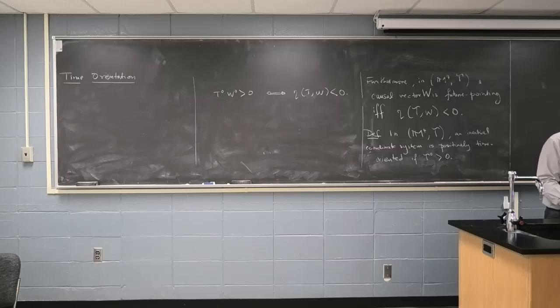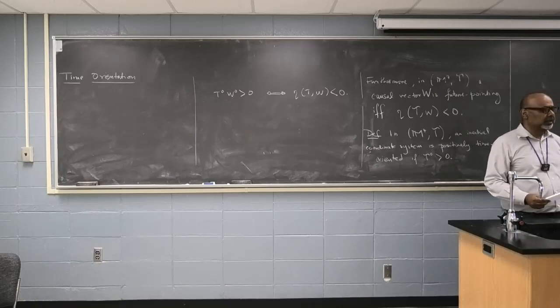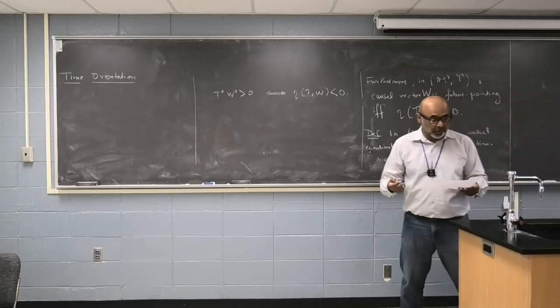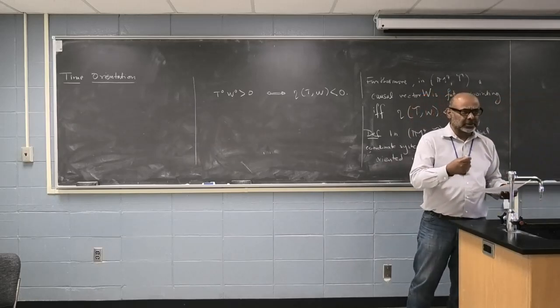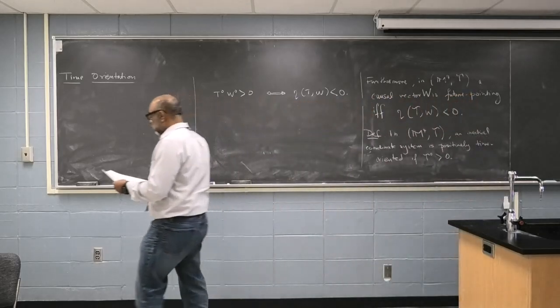Good. So I used a time-like vector field to define future and past pointing, but I could just as easily pick a light-like vector field. This is a problem, but again, all these problems, there are reasons why I'm assigning them. So let me state the problem for you.